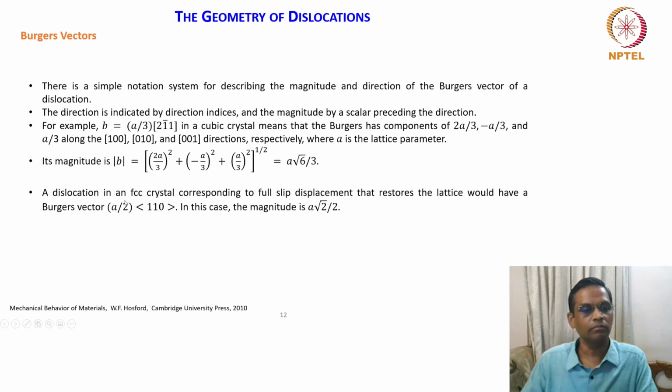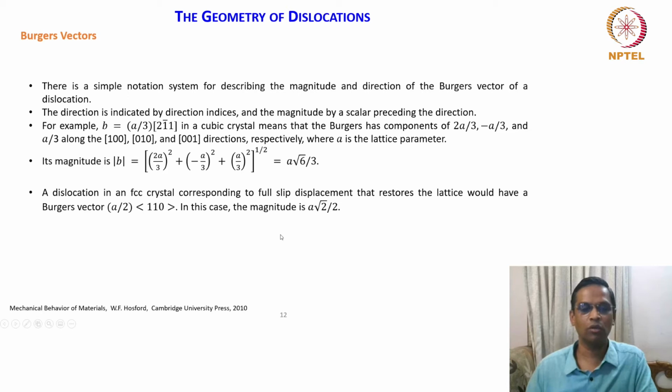Okay. A dislocation in an FCC crystal corresponding to full slip displacement that restores the lattice would have the Burgers vector a by 2 in the 1 1 0 direction. In this case, the magnitude is a times square root of 2 by 2.